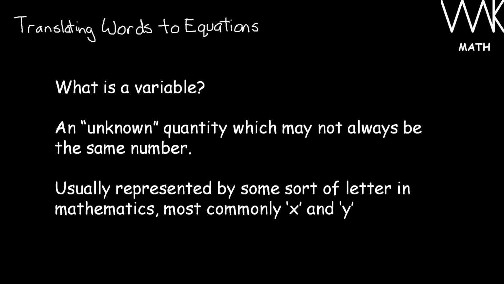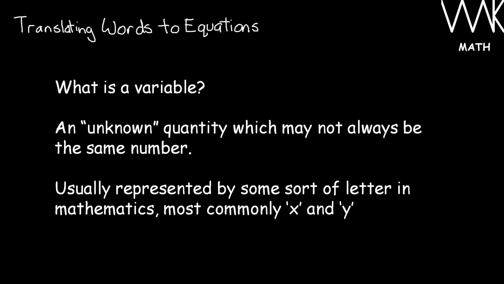So if we have two different things, we have to use two different variables. So we can say x is the number of apples and y is the number of oranges. Now what happens if we represent both of them with the same variable? That means that apples are the same as oranges, which is not true. So if they're two separate things, you got to represent them with two separate variables.